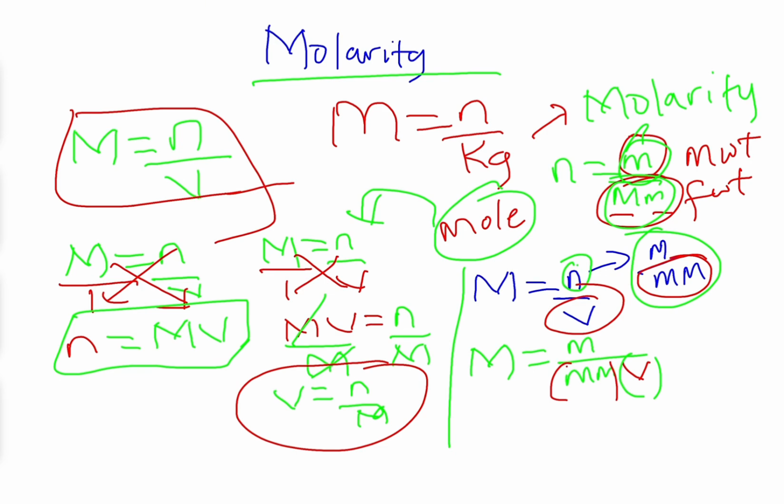If you solve this way, you will still get the same answer. Let's say for instance the mass is 2, the volume is 1, and the molar mass is 2. Let's solve. The mass here is 2, we place 2 above. Divide. The molar mass here is the same 2, we put 2 right here, times the volume, which is 1.